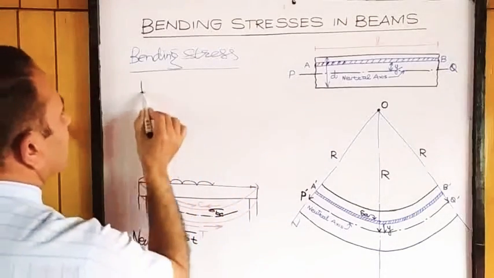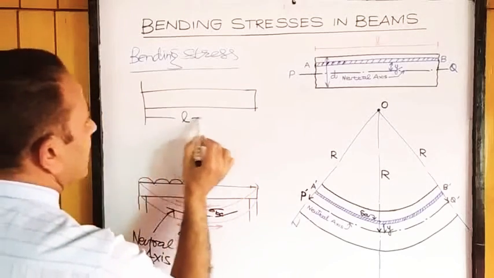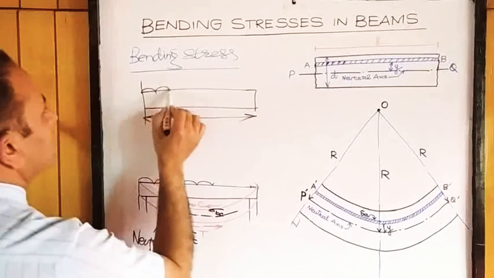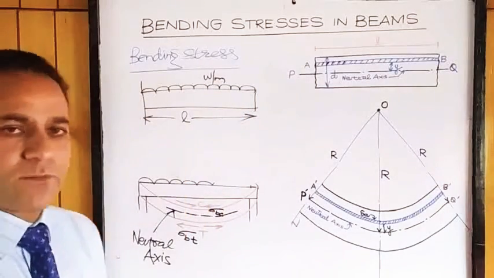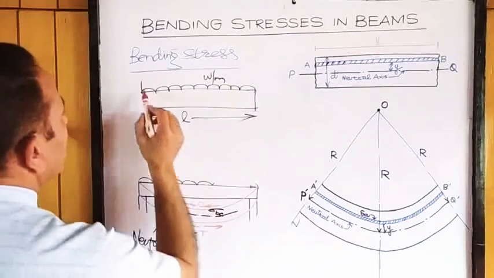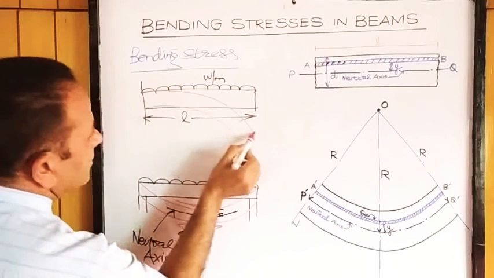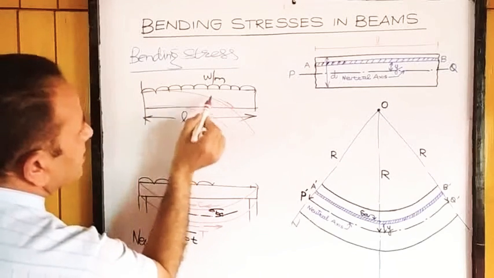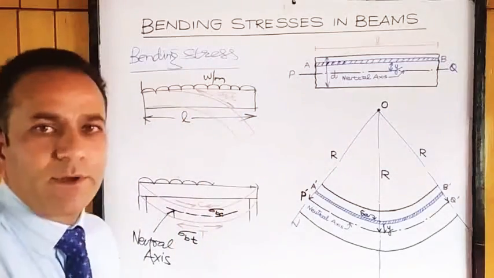Say we have a cantilever beam now. This is a cantilever beam of span L, loaded with the UDL W per meter. When this type of beam will bend, it will have an elastic curve like this. See here, these fibers are now stretched, so we will have bending tensile stresses at the top.